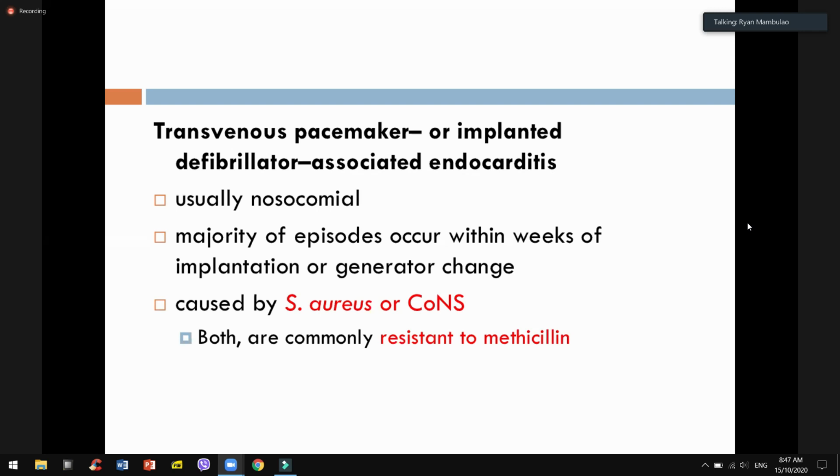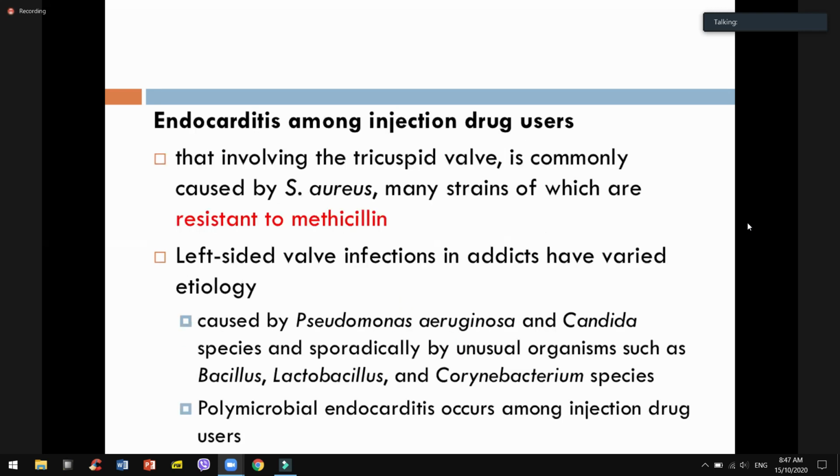So either the two, staph or coagulase negative, parehas sila, lalaban lang sila. But both of them are resistant to methicillin. So take note, if there is like a prosthetic valve or any device implanted and that has been infected, you have to add medications for resistance to methicillin. So you add vancomycin.